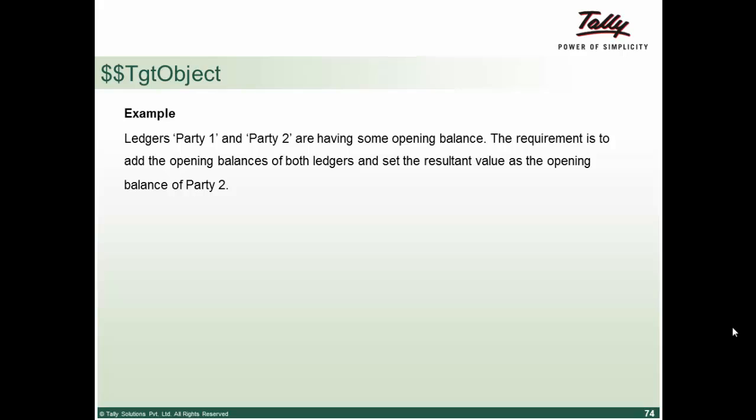Listen to an example. There is a party 1 and there is a party 2. Both have some opening balance. The requirement is to add the opening balance of both the ledgers and get the resultant value as the opening balance of party 2.